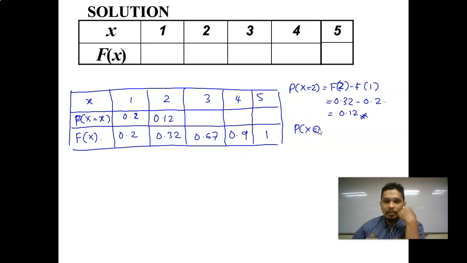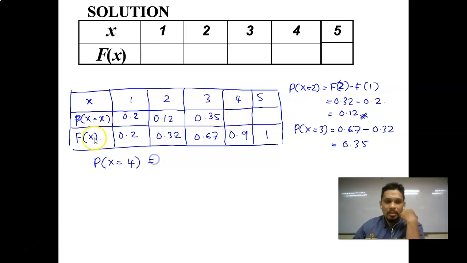Then the probability of x equal to 3 here. So we're taking the cumulative until 3, 0.67, minus the cumulative until x equal to 2, which is 0.32. Okay, 0.67 minus 0.32 equal to 0.35. And then the probability of x equal to 4.